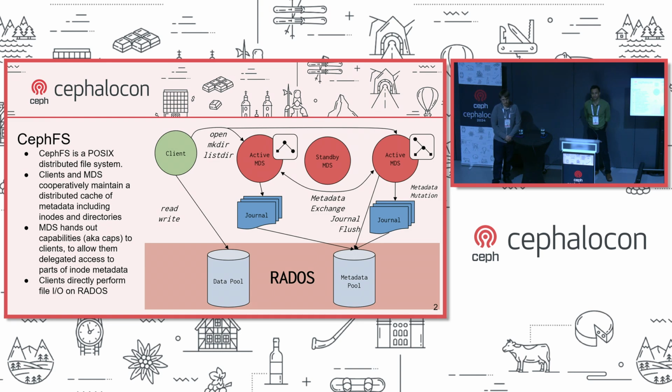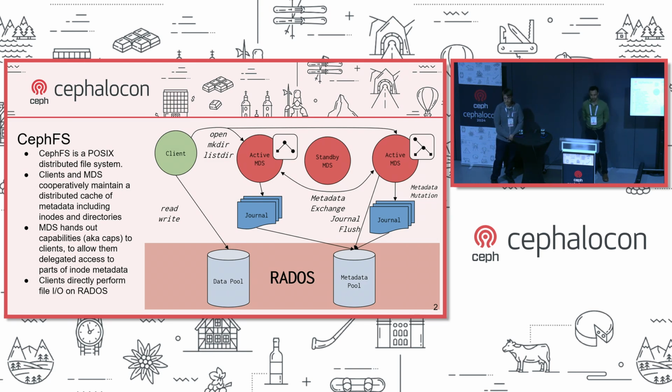At the time it was conceived, CephFS took a novel approach to organizing metadata and data within a distributed file system. It separates them into two parts. The metadata server handles all metadata for the file system, and the clients talk directly to the data pool to do reads and writes.